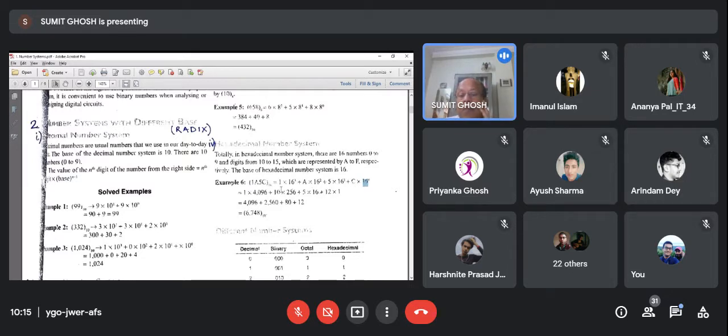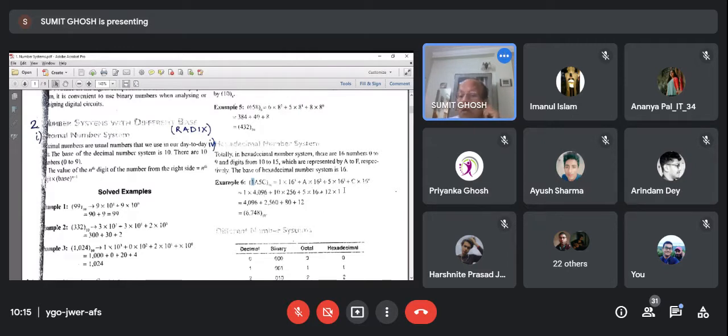The rightmost bit is the least significant bit, because it has the least weightage, 0. Any bit to the left of this C has more weightage, and the leftmost bit in this 4-digit number has the highest weightage. So the rightmost is called the least significant bit, and the leftmost is called the most significant bit.